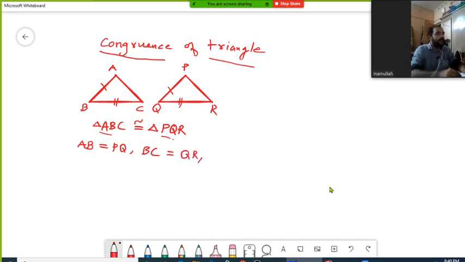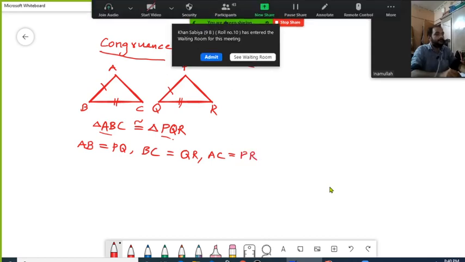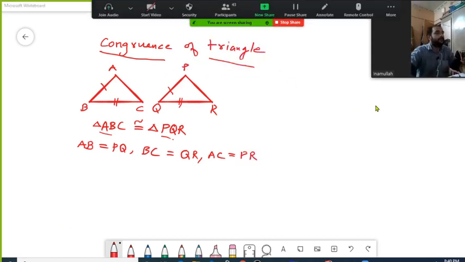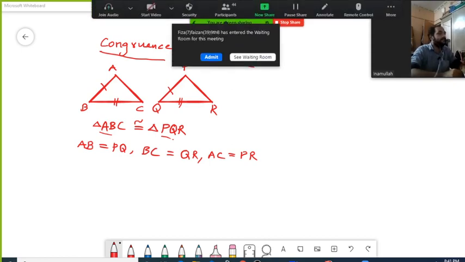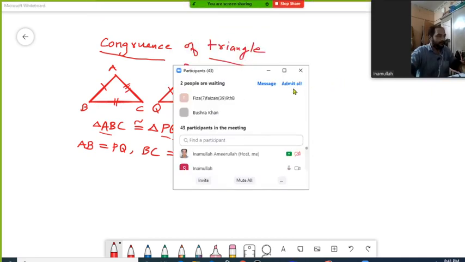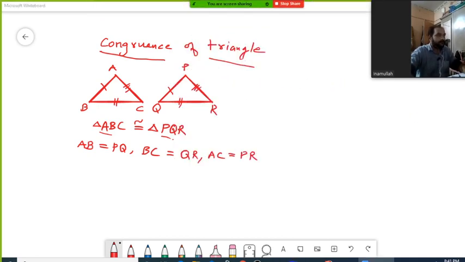And the third one, AC, is equal to PR. So this is the first property.